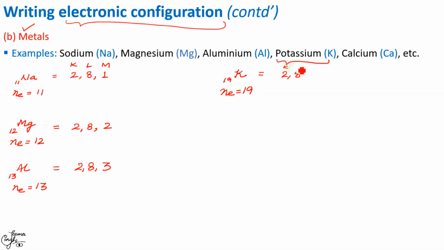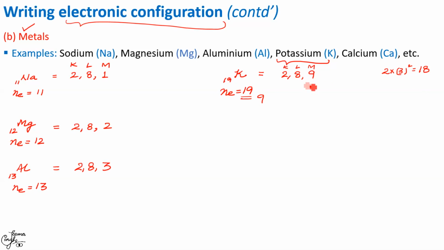If I mention the shell numbers here, K, L, M, your M shell can accommodate 2 into 3 square, that is equal to 18 electrons. So we have 9 spare electrons to be accommodated. I might write 2, 8, comma 9 because the M shell can have a maximum of 18 electrons.